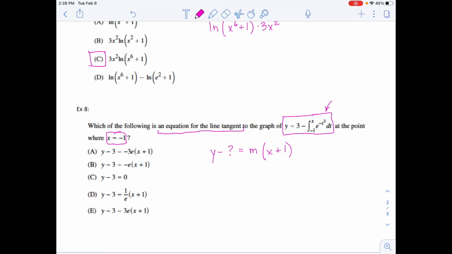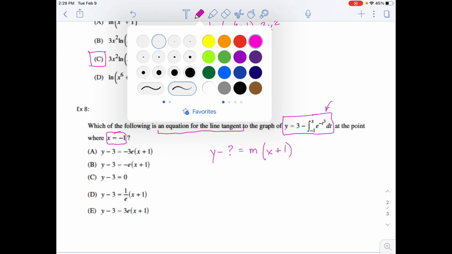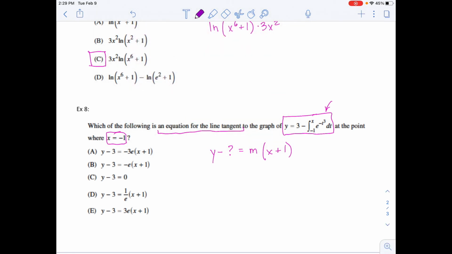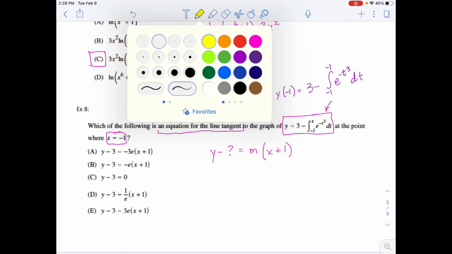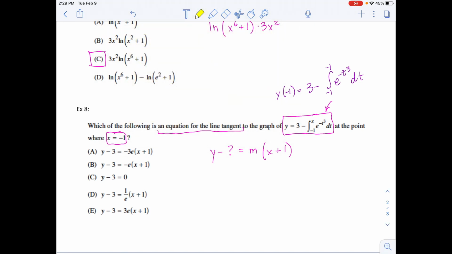So let's get the y value by plugging -1 into this function. So the way that I see it, that's right up here. y of negative 1 is 3 minus the integral from negative 1 to negative 1 of e to the negative t cubed dt. So the input for this function is this x value here. It's not the t. The t is not the variable.